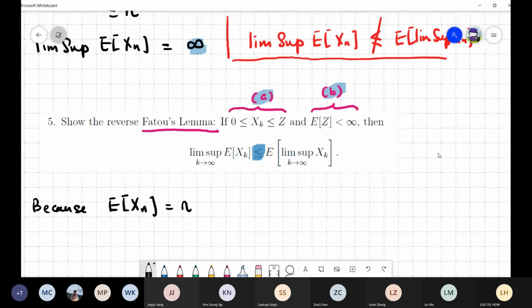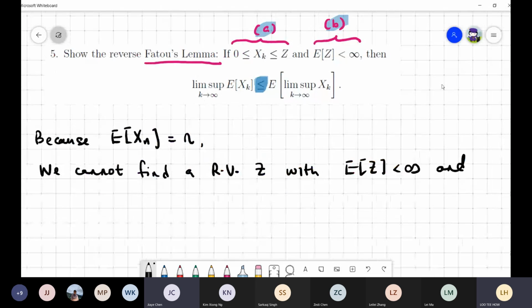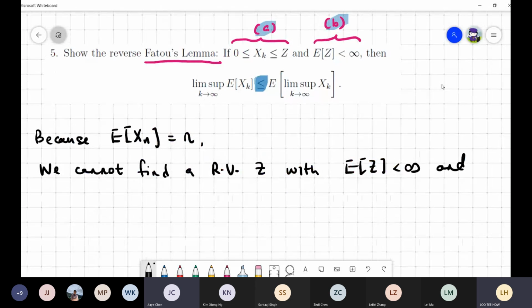Okay, and so we cannot find a random variable z with finite mean and greater than xn.